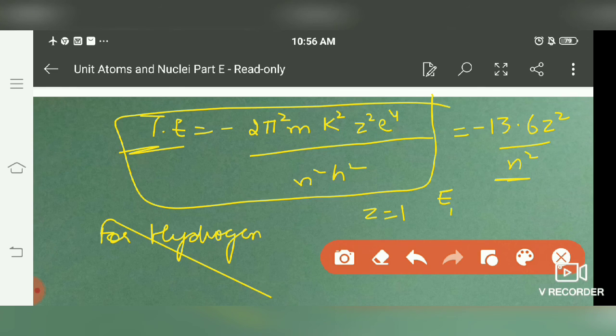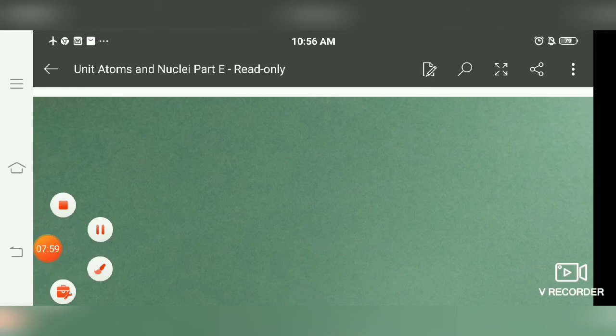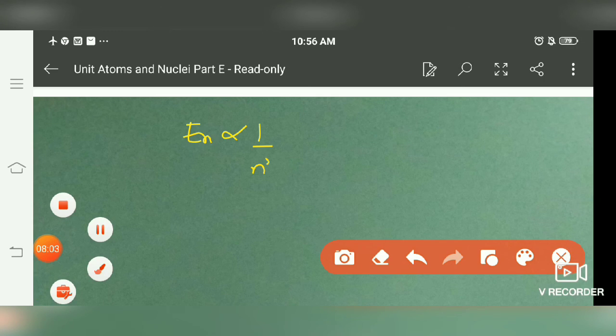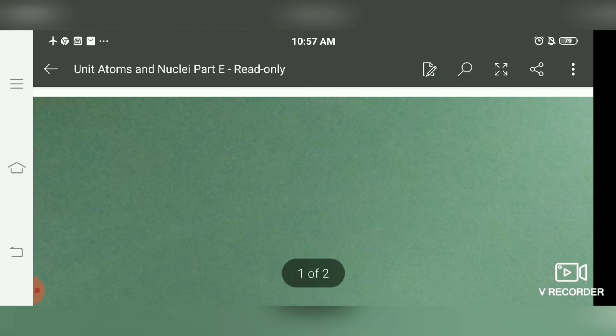So we get total energy for the hydrogen atom, that is minus 13.6 by n². For the first orbit it is minus 13.6, in electron volt. Here we can see that energy is inversely proportional to n². It means the spacing between energy levels keeps on decreasing as n increases.